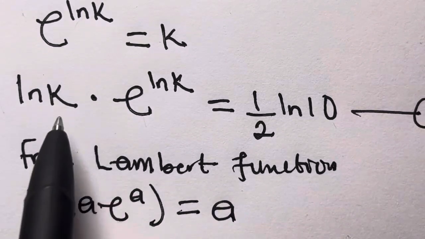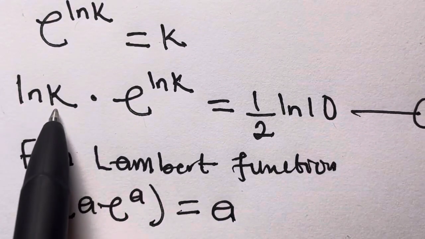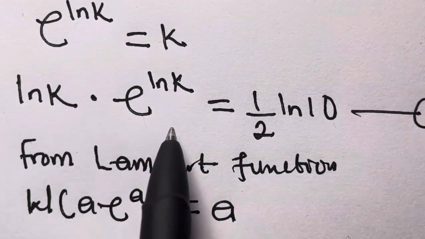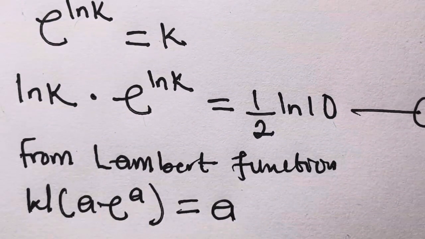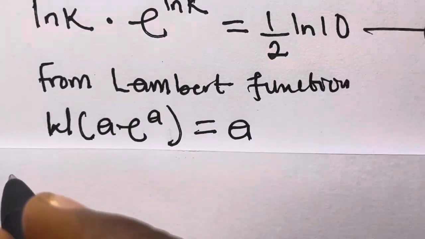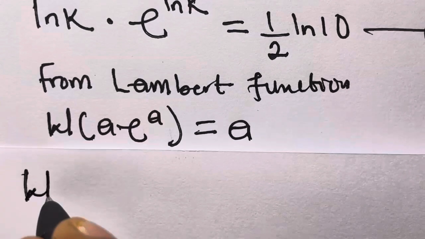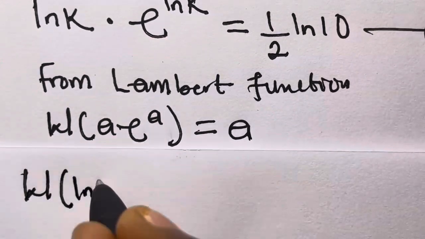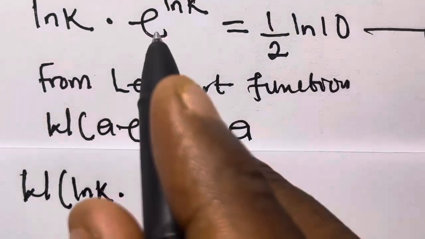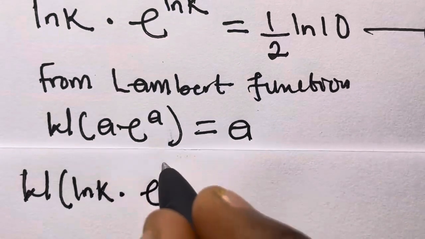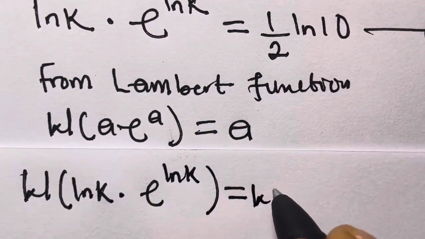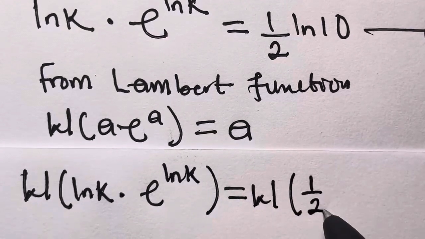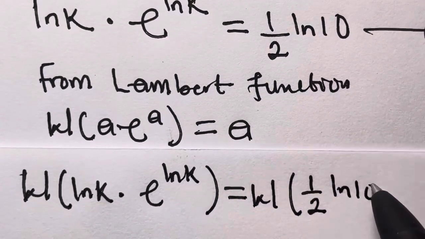You can see we have ln k here and ln k here, so we can introduce the Lambert function to both sides. So we have the Lambert function of ln k multiplied by exponential ln k equals the Lambert function of 1 divided by 2 ln 10.